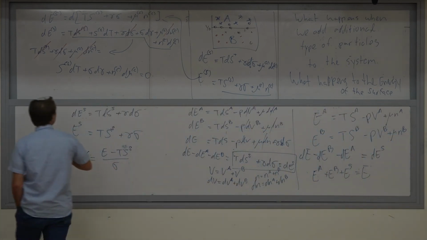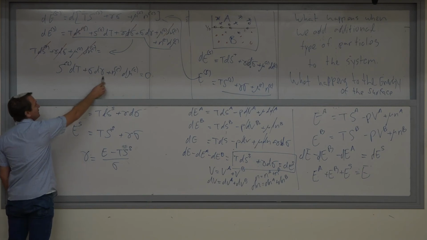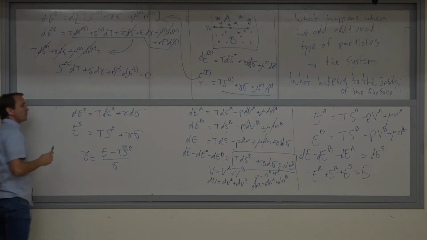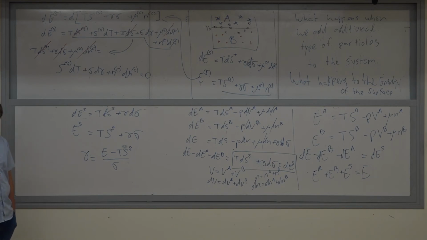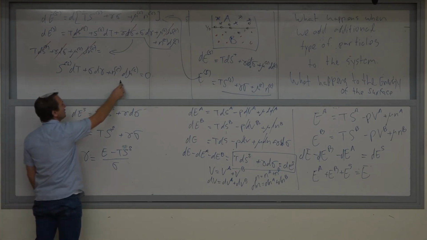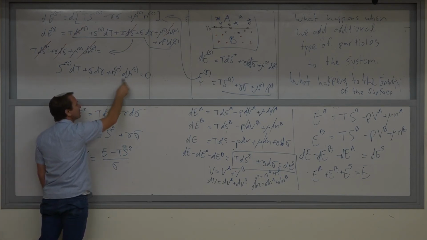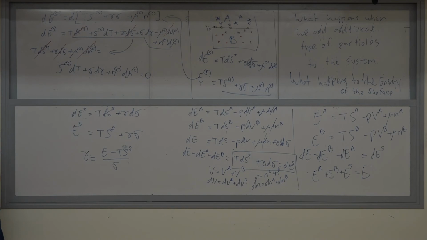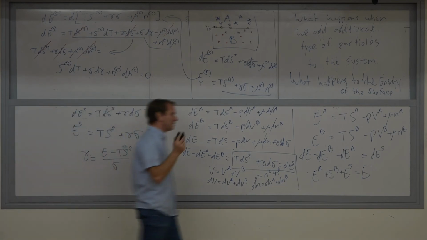And here you see I have d gamma. So from here maybe I can say how the surface tension is going to change when I'm changing what? When I'm changing the chemical potentials or the number of the particles on the surface itself. And it will be clear to you in a second why I'm doing this.